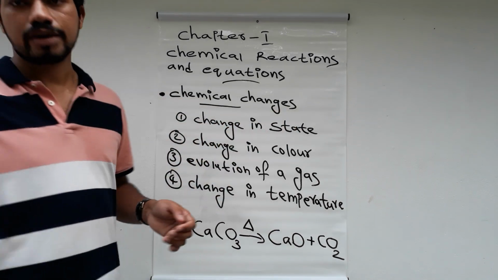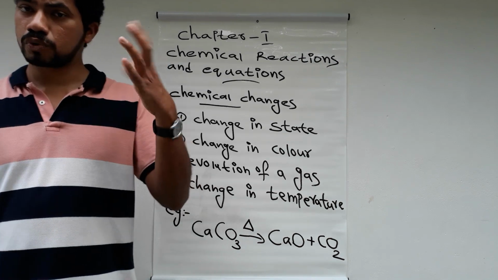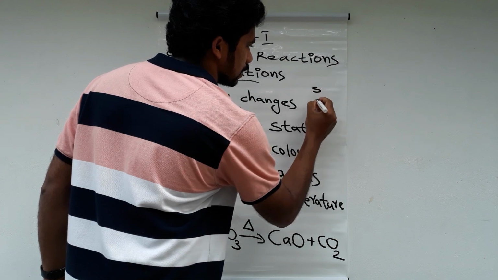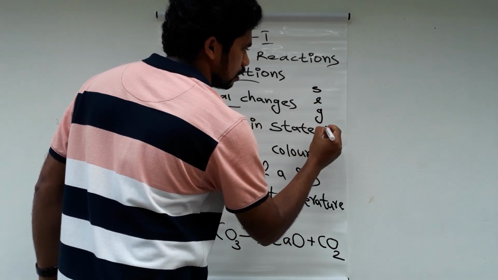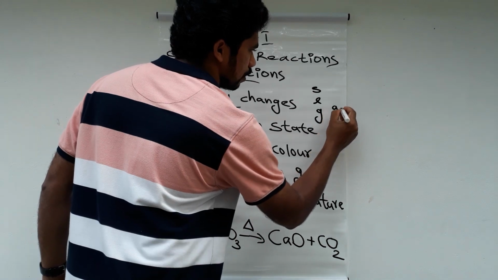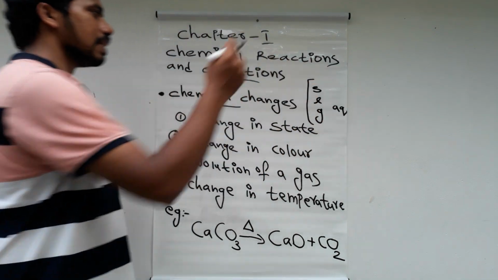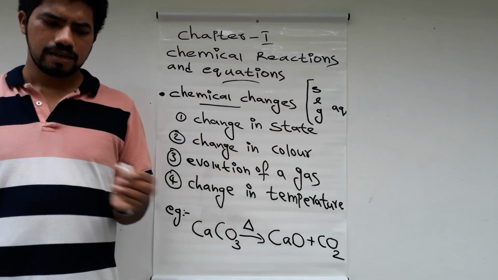For aqueous, we will give the symbol AQ. For solid, we will give S. For liquid, we can give L. For gas, we can give G. For aqueous, we can give AQ. These are the symbols of different states.